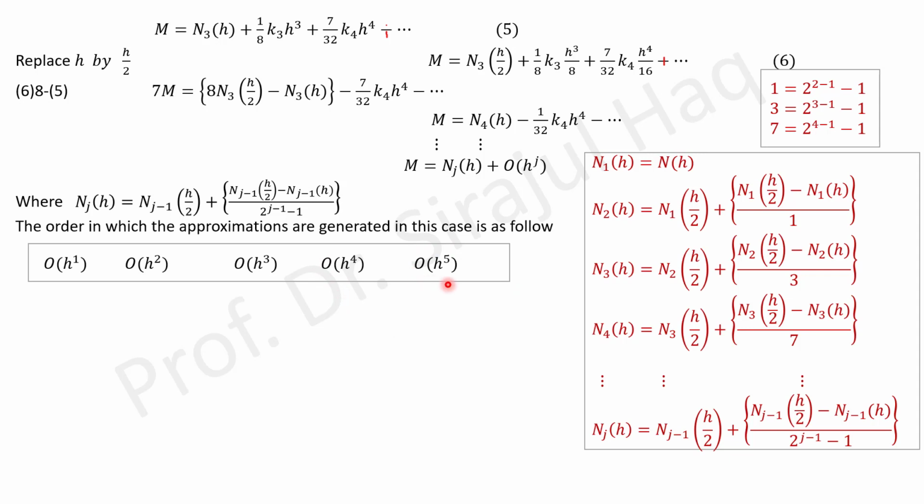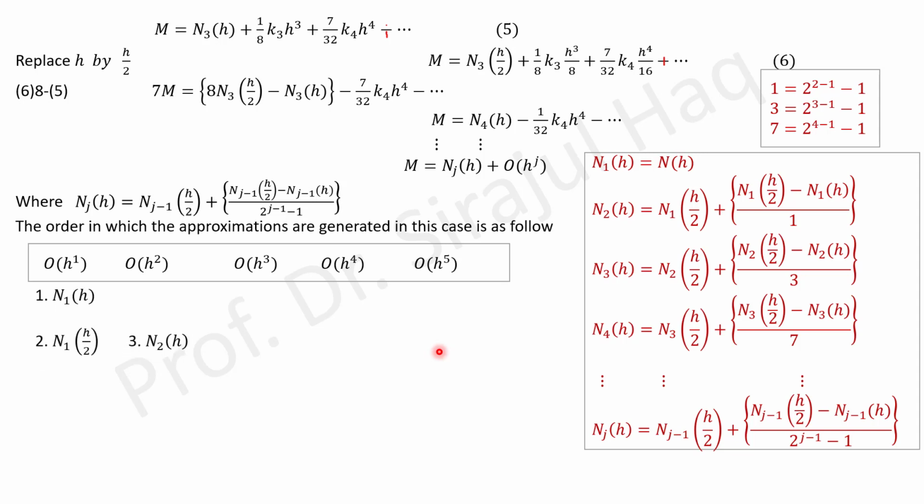Of order h raised to the power 5, then you have to find out N5. But remember, I told you at the start that M is equal to N of h plus k1 h plus k2 h square plus k3 h cube. In other words, the power of h increases by 1.